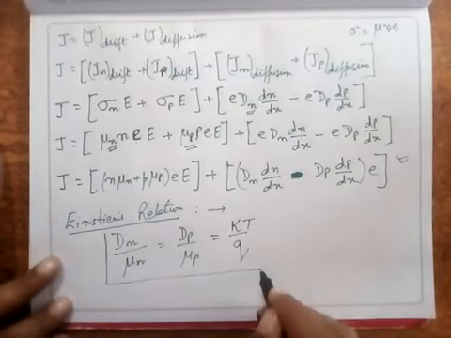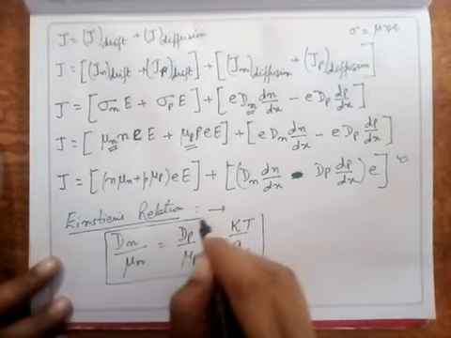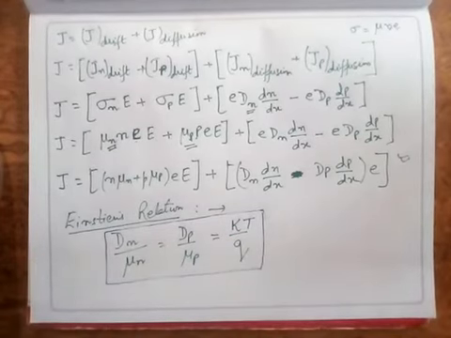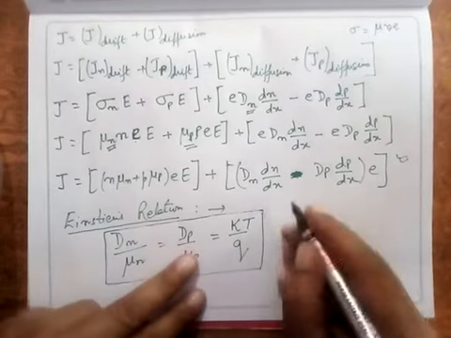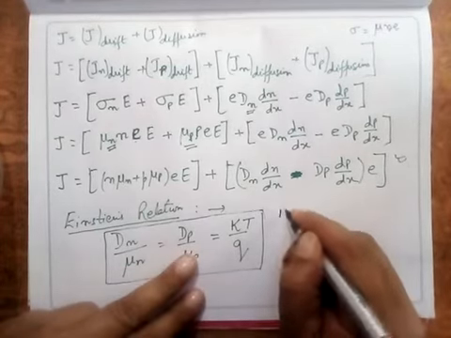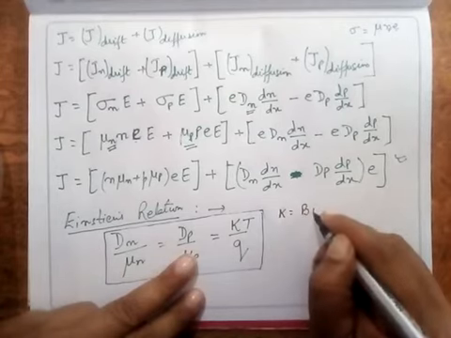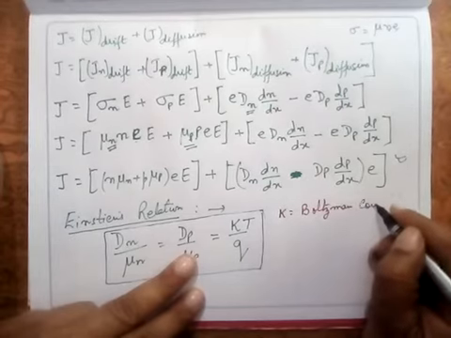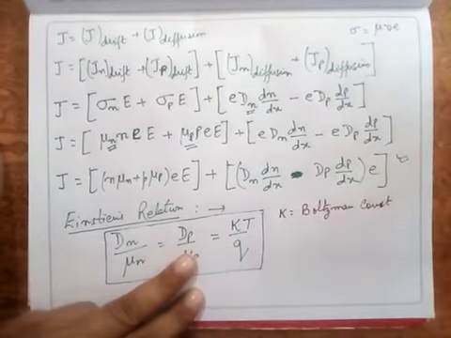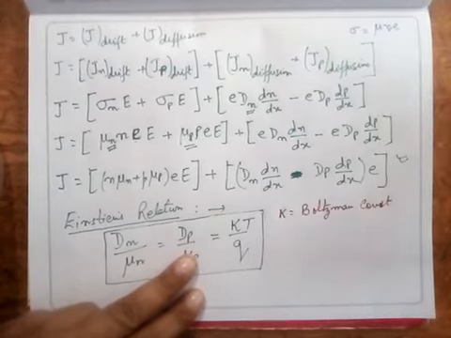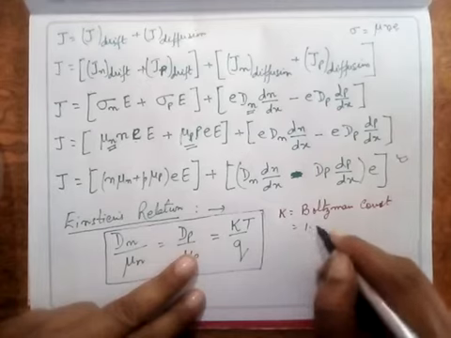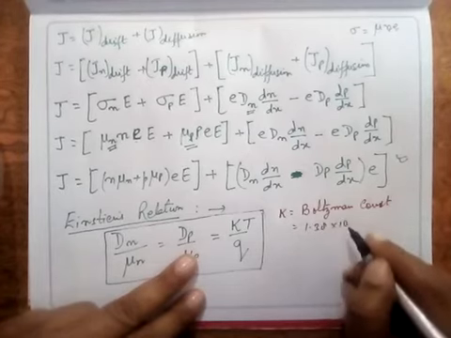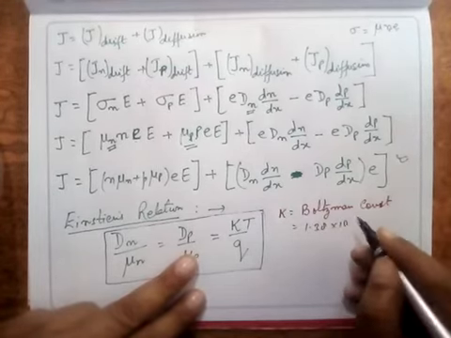DN upon mu n is equal to DP upon mu p is equal to kT upon q, where this k is the Boltzmann constant, and I think that you know the value of this Boltzmann constant is 1.38 into 10 to the power, I think it is minus 23 or minus 28.